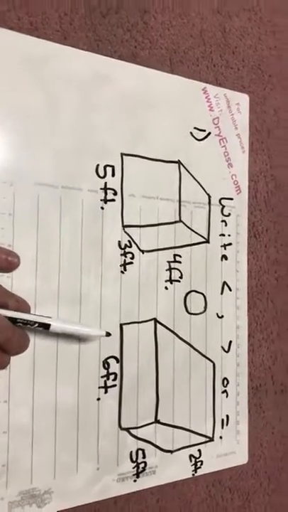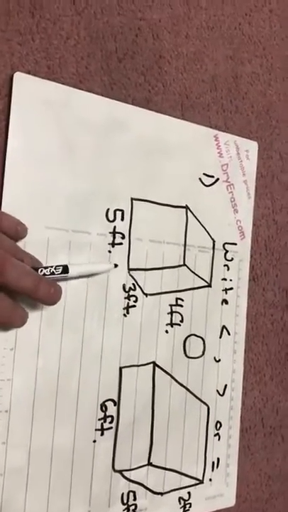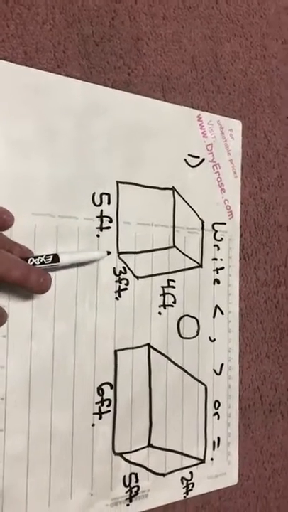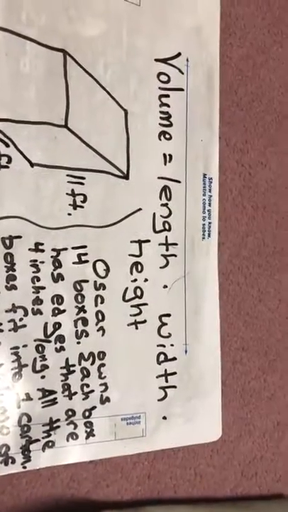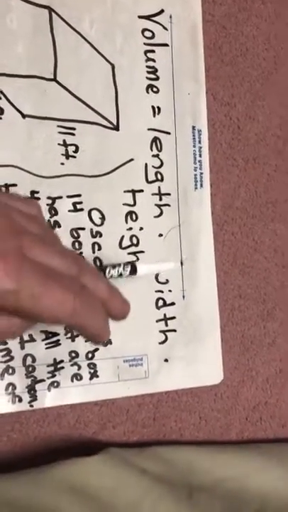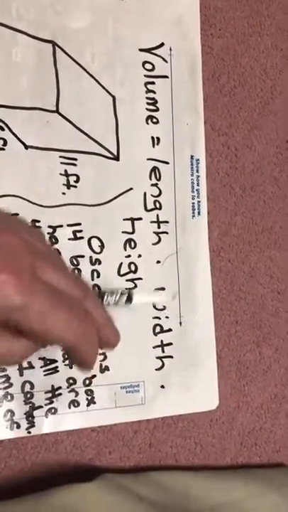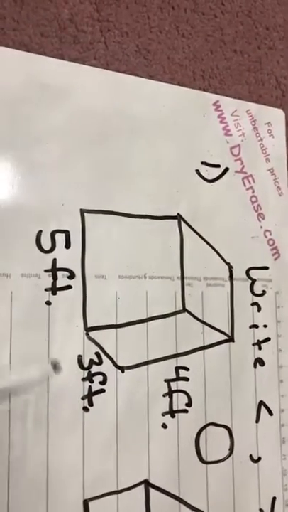So let's do one and just find out. Let's start with this box right here. Remember, the formula for volume is length times width times height, so how long it is times how wide it is times how high it is. But remember, it doesn't matter what order you put the numbers in. My numbers here in this example are 5, 3, and 4.